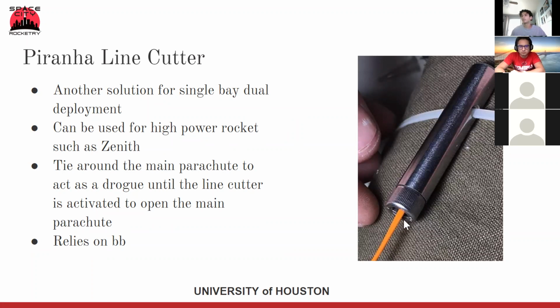This one you can actually use for high power rocketry, and it works the same as the smaller ones, which is just to keep the main parachute shut and use that as a drogue. Once you want to actually open up your main parachute, this works with black powder, and it just cuts the zip tie, and then the main parachute opens up.